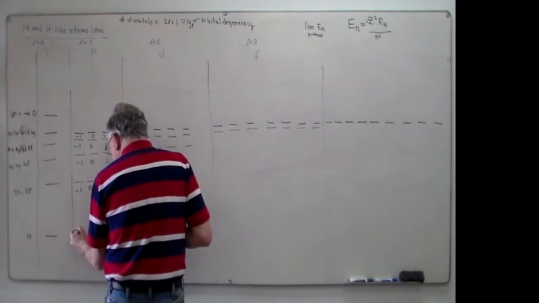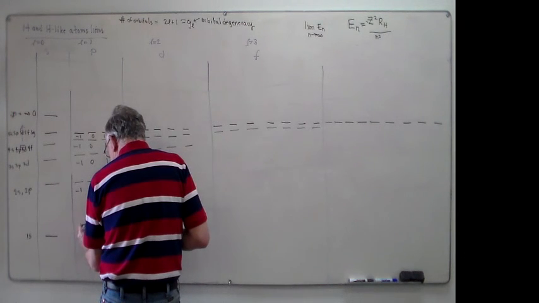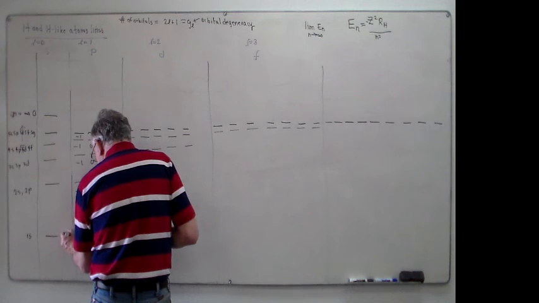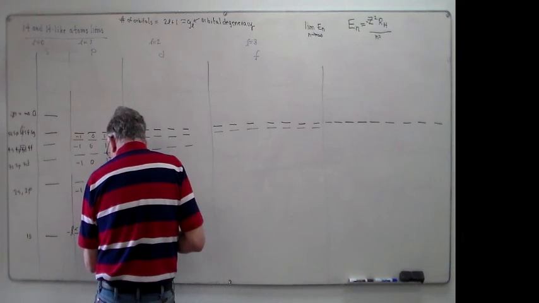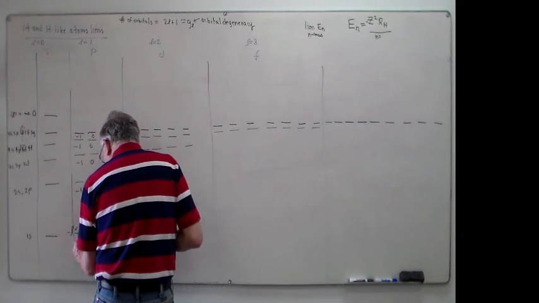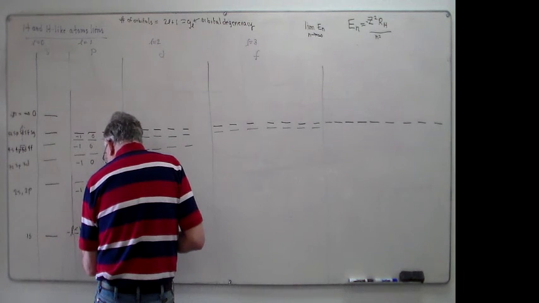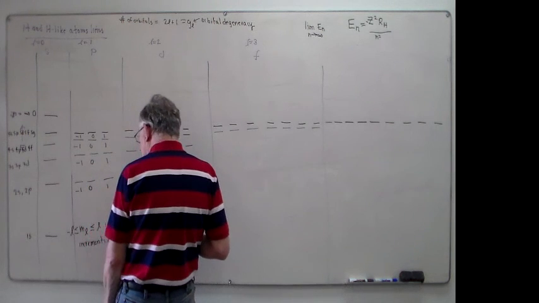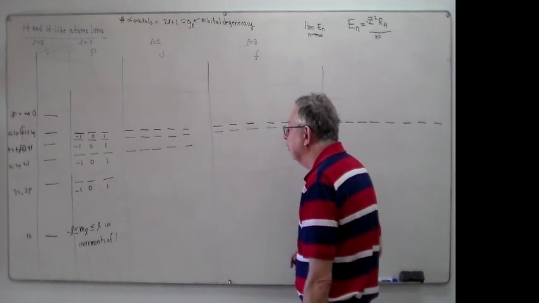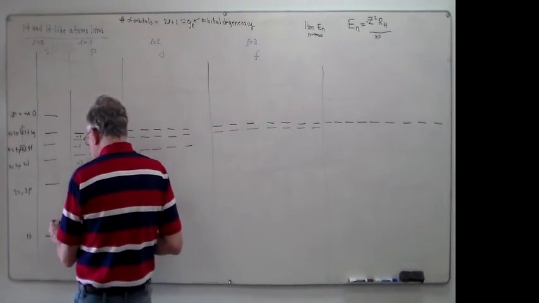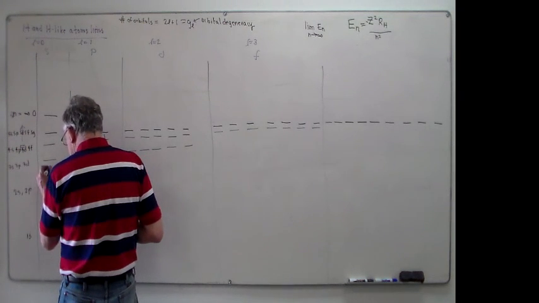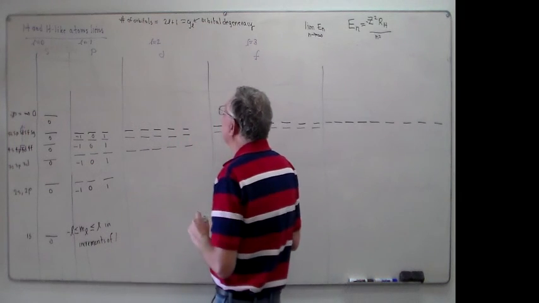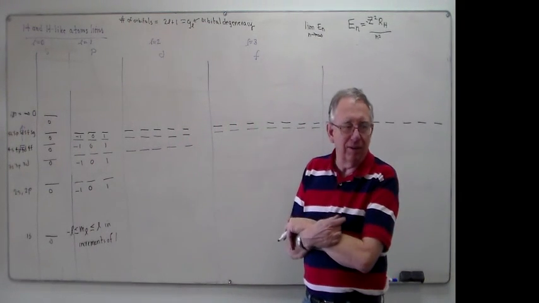So if you recall, m sub L goes between plus L and minus L in increments of 1. And so for the s orbitals, they're all zeros, because the s is zeros. What about for the d orbits?